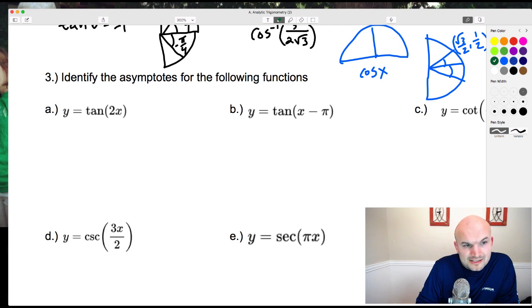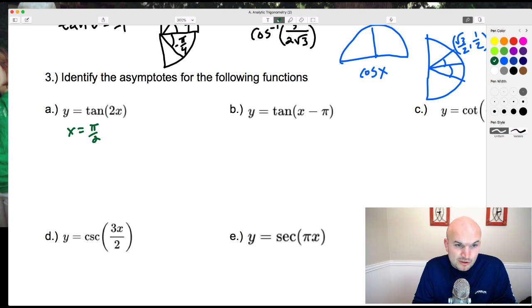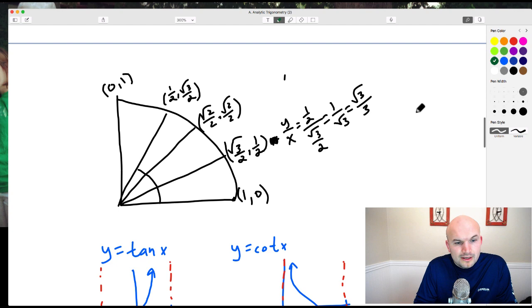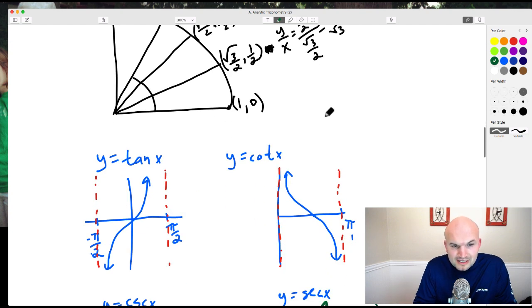So the original asymptote is at x equals pi halves. That's the original asymptote of the parent function. However, the period has changed. If we look back at the graphs, we know that the period is pi and the asymptotes occur every pi, so the next asymptote is going to be at 3 pi halves.